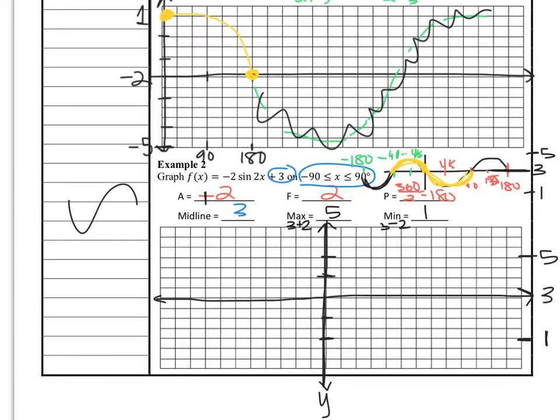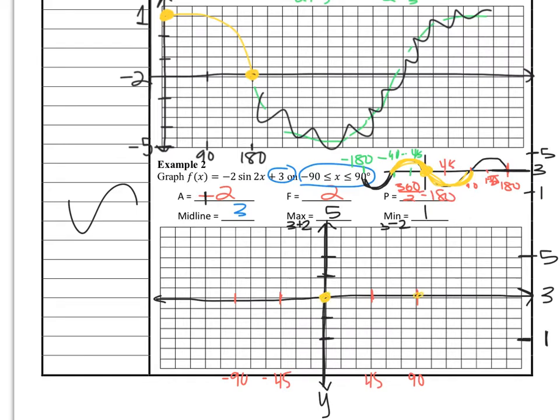Okay, now I know that I'm just plotting this yellow portion of my curve, and I've got to get my x values labeled, so from -90 to +90. So I'm going to do every 3 is 45 degrees. Okay, so I know that at 0, I'm at the shift line.